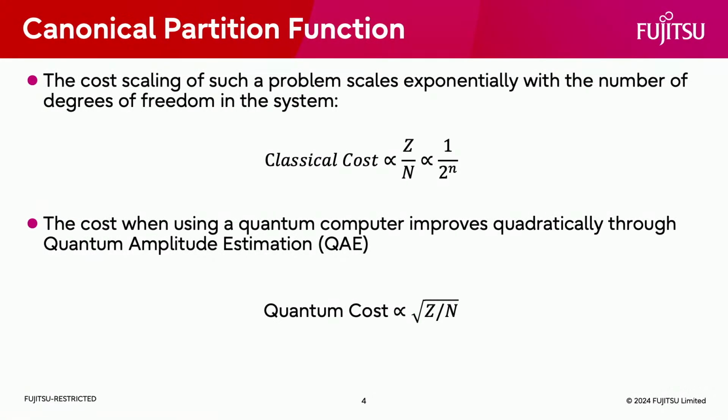The classical cost in order to search the whole of the configuration space of the physical system grows exponentially with the number of degrees of freedom. But when you use a quantum computer, the cost gets improved quadratically through what's called the quantum amplitude estimation algorithm.